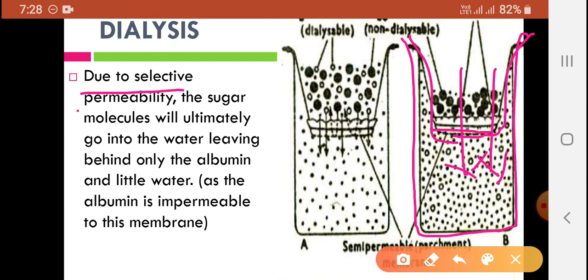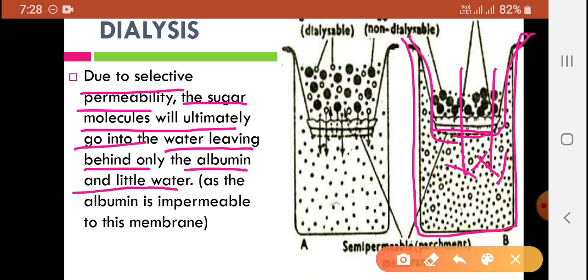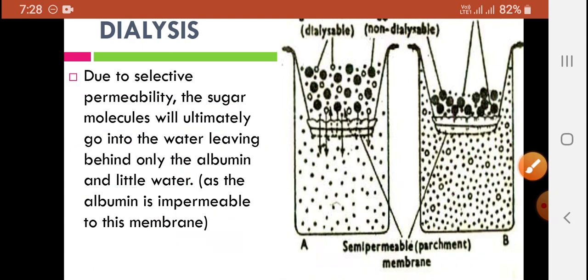Due to the selective permeability, the sugar molecules will ultimately go into water, leaving behind only albumin and a little water, as the albumin is impermeable to this membrane. So egg albumin is non diffusible through this membrane, so it remains only in the upper smaller container, and sugar molecules and water molecules pass through this semi permeable membrane.